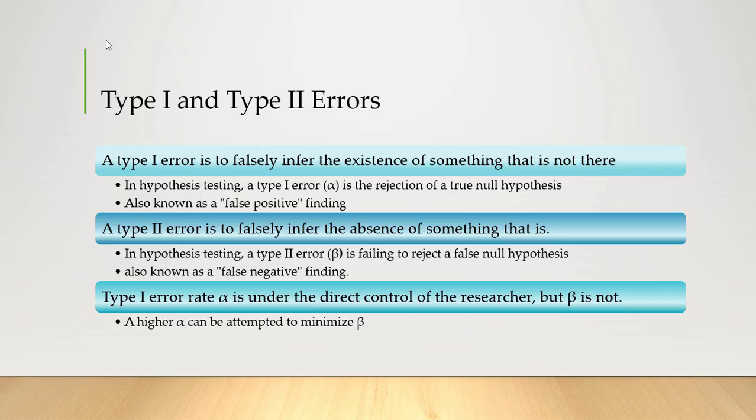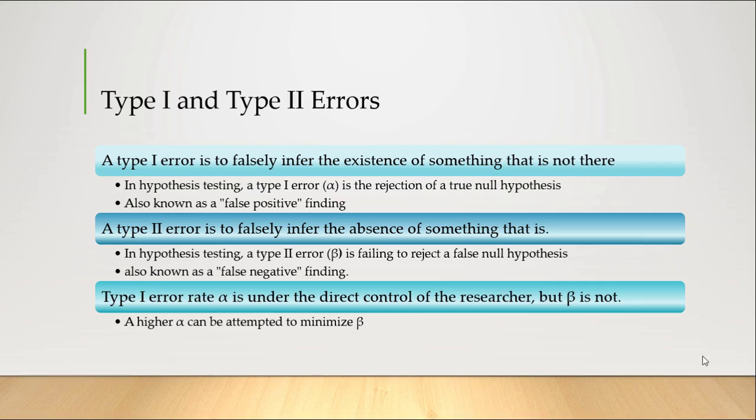If you recall, statistical inferences based on sample data introduce two types of errors in statistical analysis. They are conveniently named type 1 and type 2 errors. Type 1 error is the rejection of a true null hypothesis, and it's also called the level of significance.